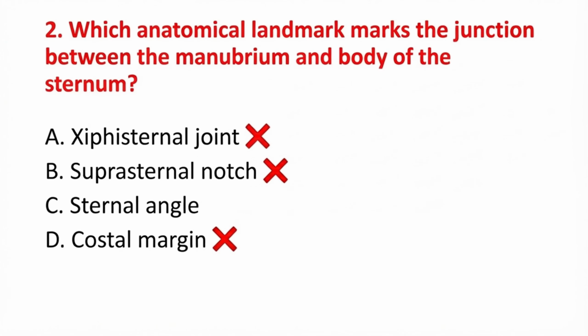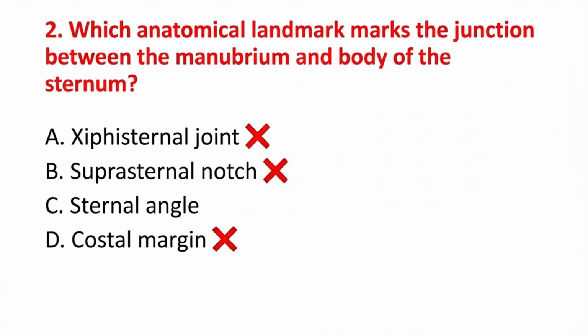Then why are the other options wrong? Option A, the xiphisternal joint, is incorrect because it is the junction between the body of the sternum and the xiphoid process, located lower down.